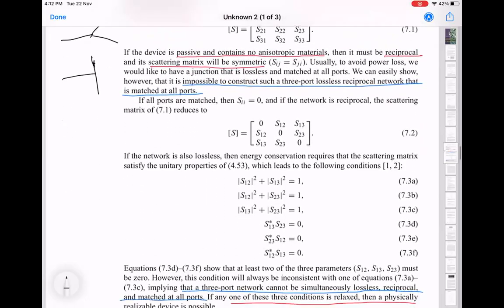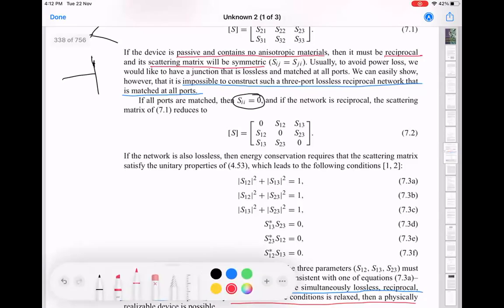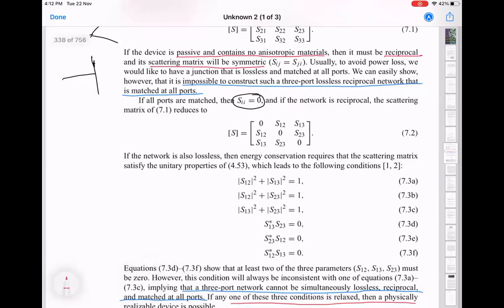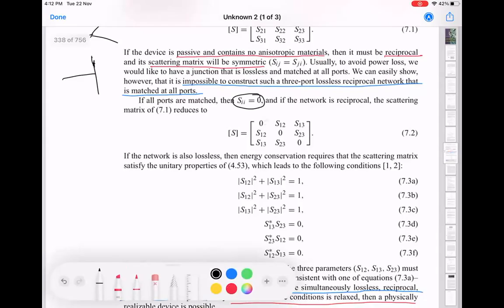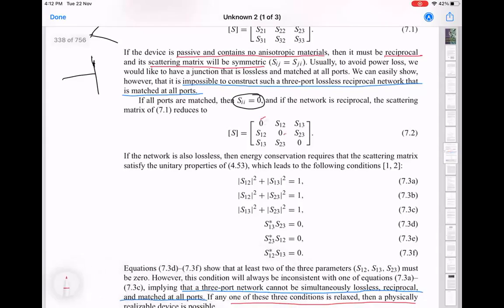It's not very complicated. So they start with this assumption that your ports are matched at all ports, which means the reflection coefficients S11, S22, and S33 are all 0, here, here, and here.